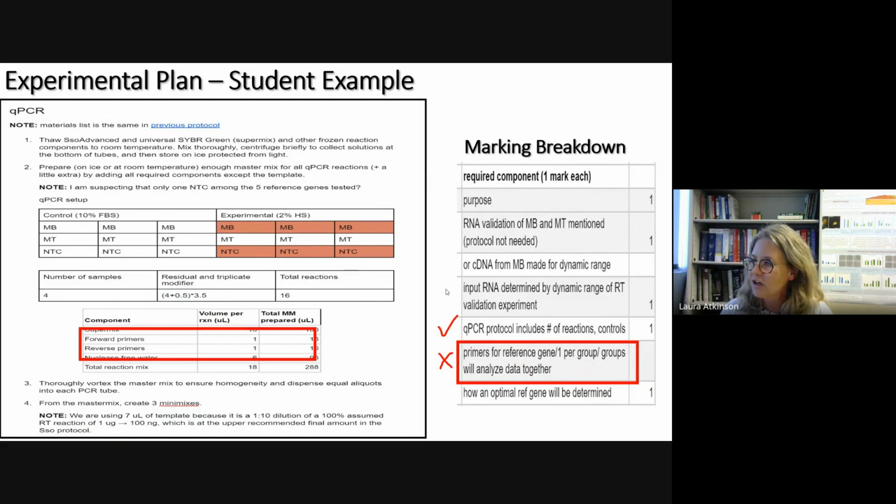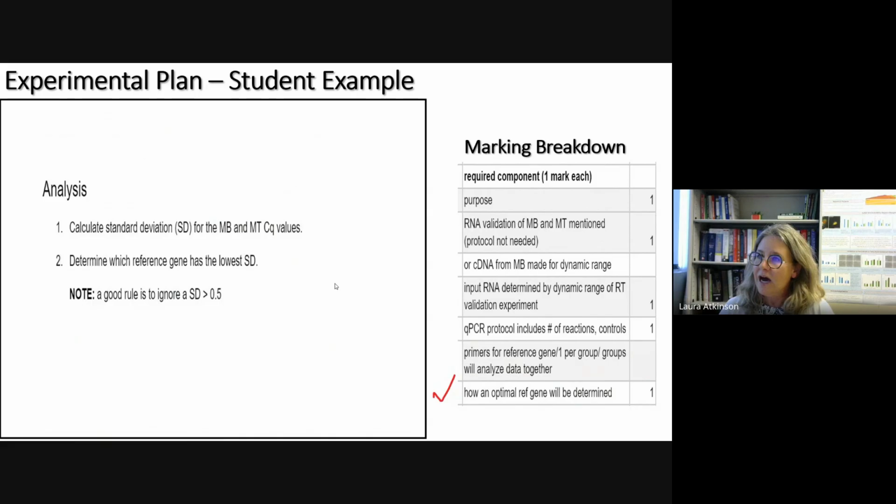I can talk about that a little bit more. And then, did they think about the analysis and what they're going to get out of this experiment? So there is guidance, but there's also the requirement for them to look at this experiment in a completely different way than in a traditional lab.